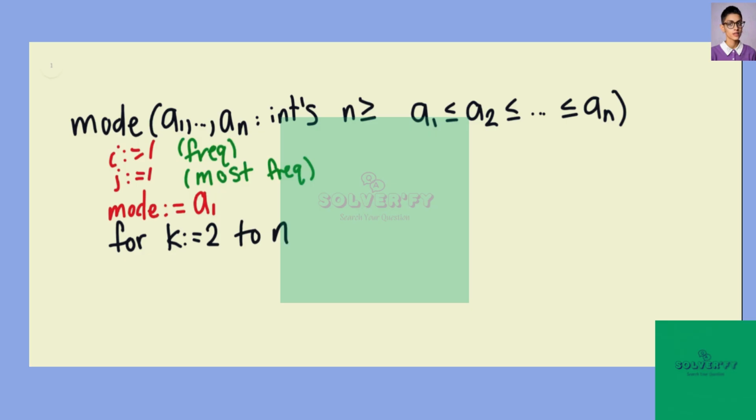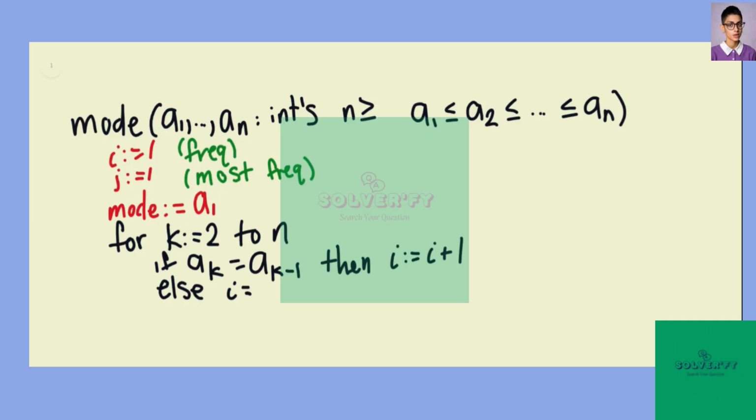We'll say, well, if this element is equal to its previous element, then we will increase our frequency counter, which is i. So we'll set i equal to itself plus 1 more. And if not, then we want to reset i equal to 1 to start our counter over for the new element.